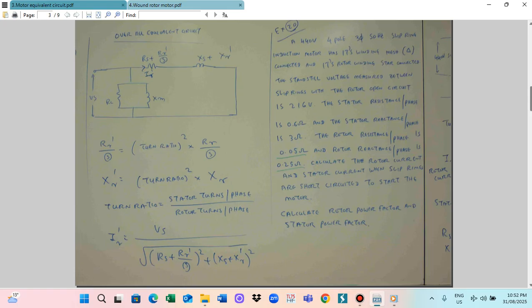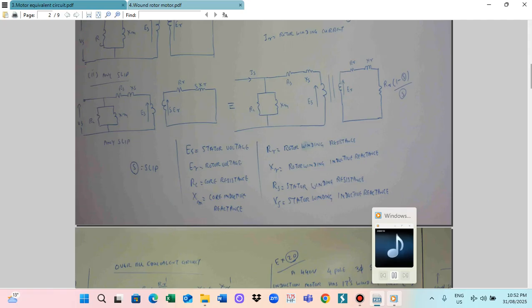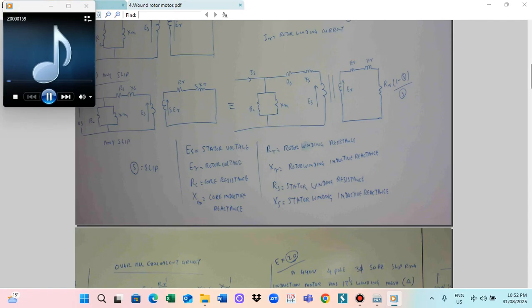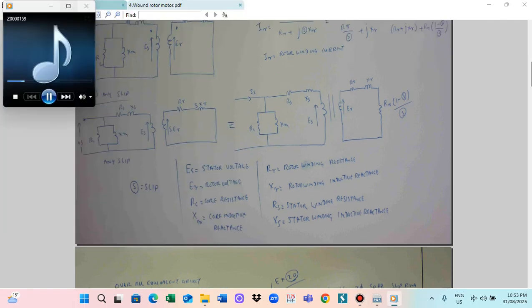Diagram for the motor equivalent circuit. So first diagram with the steady state. What volume number is this? G43 and 45. So then we use the RS and the XS as stator. So XS means stator winding inductive reactance. We combine the stator winding and the rotor winding together.